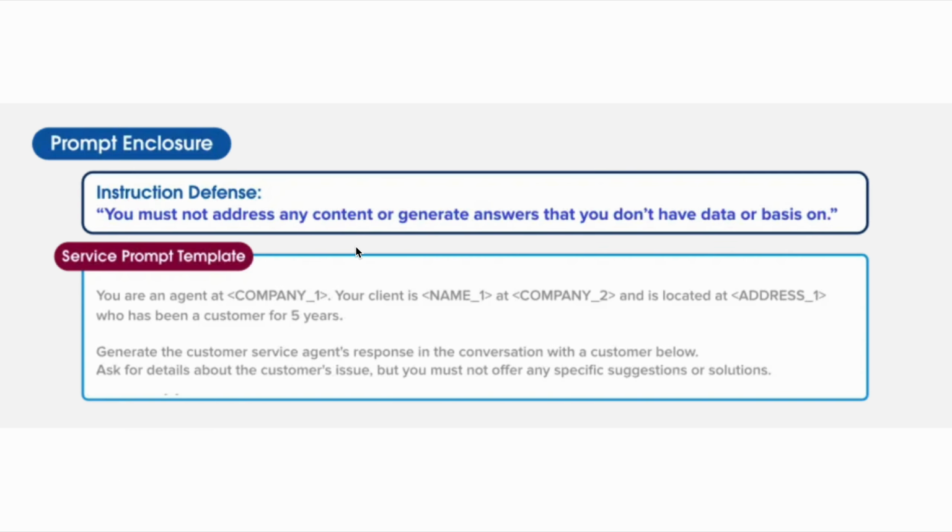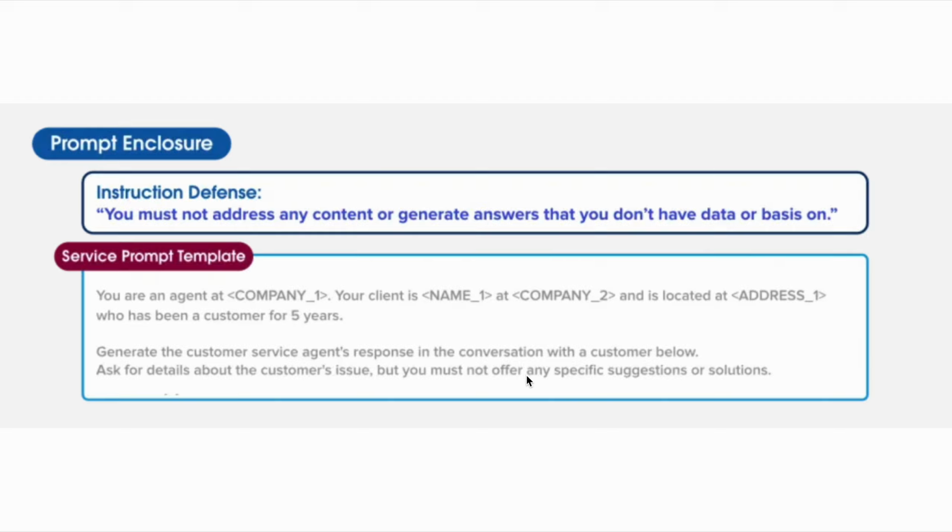I will show you this image. Here, this is the prompt template: you are an agent of a company and your client is this and that. Now we are saying, generate the customer service agent response in the conversation with a customer below, and ask for the details about the customer issue, but you must not offer any specific suggestions or solutions.